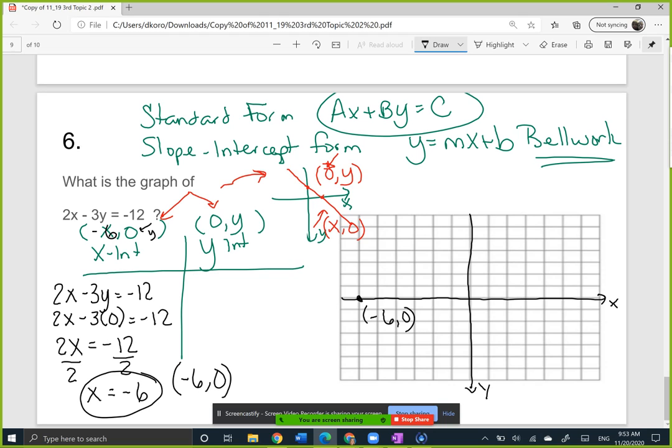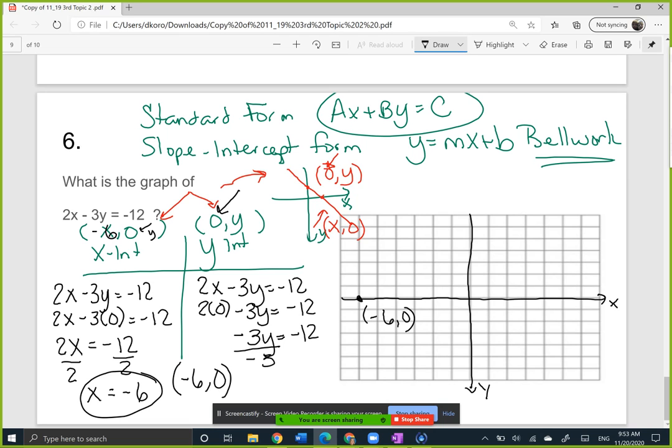Then for my y-intercept, let's rewrite this: 2x minus 3y is equal to negative 12. I need to substitute 0 in for my x. So 2 times 0 minus 3y is equal to negative 12. 2 times 0 is 0, so I get negative 3y is equal to negative 12.